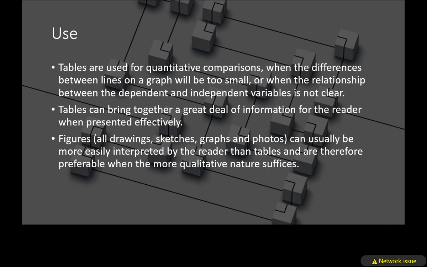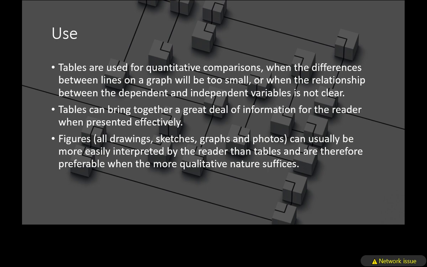Independent is the one you are controlling. The person who is doing the experiment is controlling it, and the dependent is what he is assuming will change because of this, what he will observe. So independent is what he is changing, dependent is what he is observing. Independent is the input, dependent is the output.